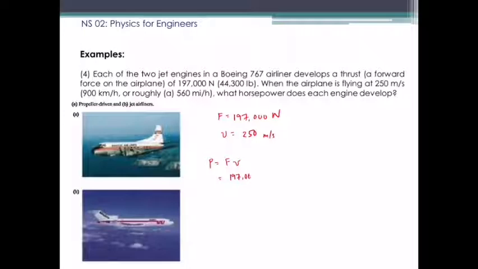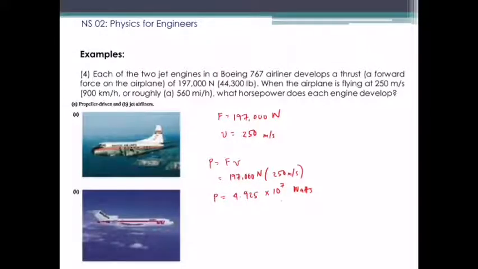197,000 newtons times the velocity 250 meters per second. So power for each is 4.925 times 10 to the power 7 newton meters per second. Newton meter is joules per second. That is, joules per second is watts.